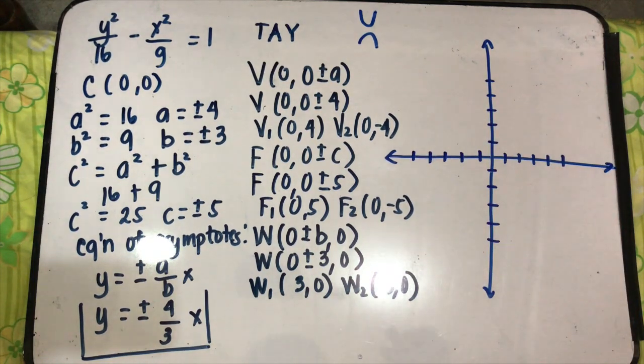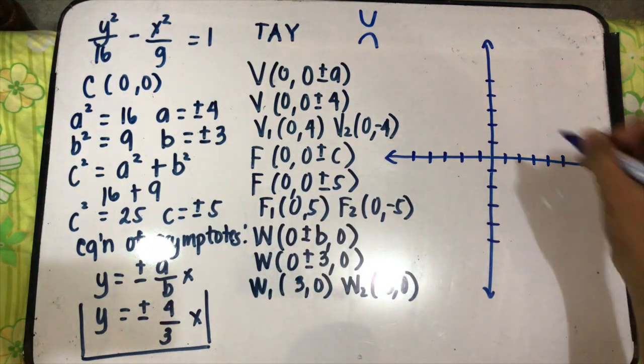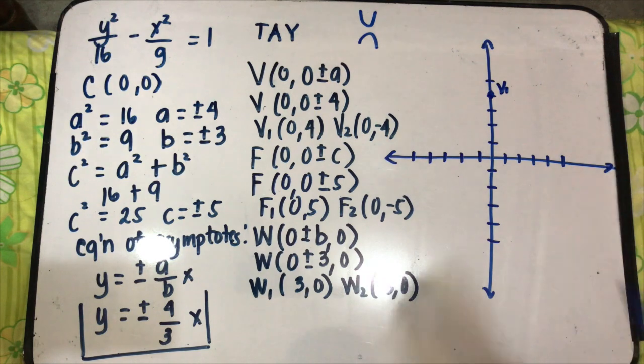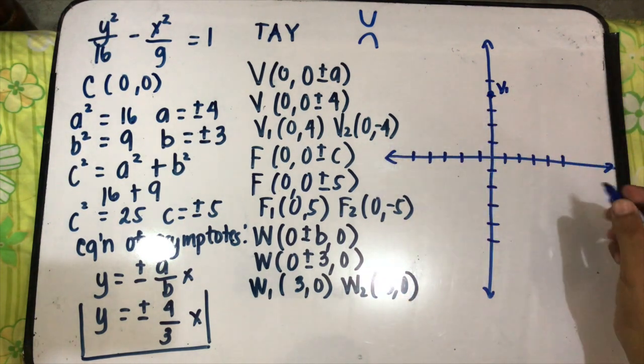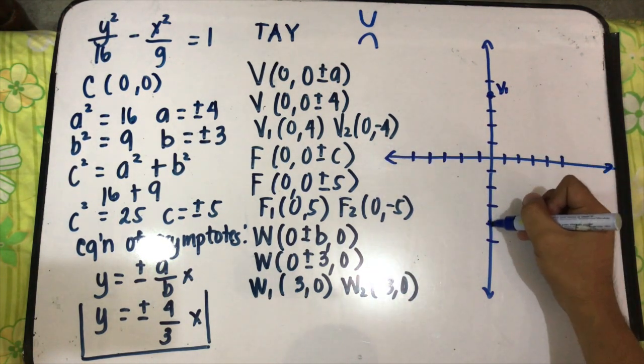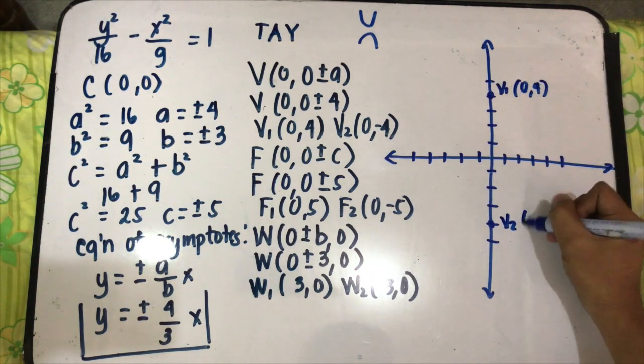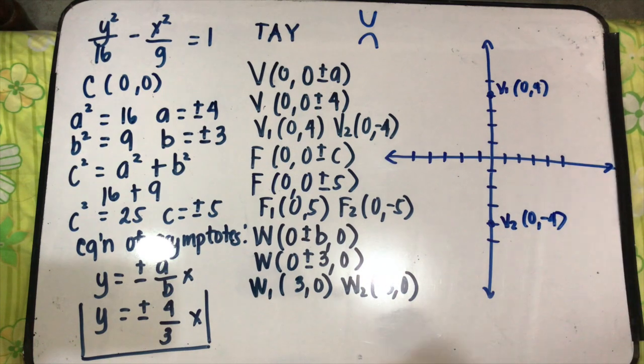So we have the vertices. V1 is located at 0 and 4: 1, 2, 3, 4. So this is V1. And we also have V2, which is located at 0, negative 4: 1, 2, 3, 4. So this is our V2.